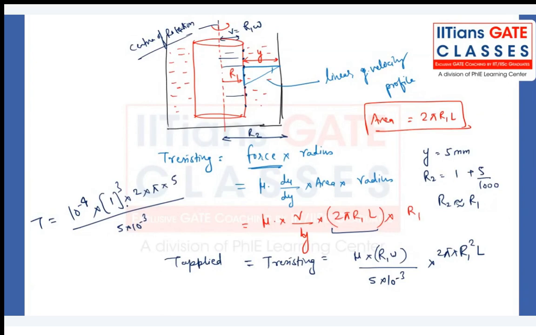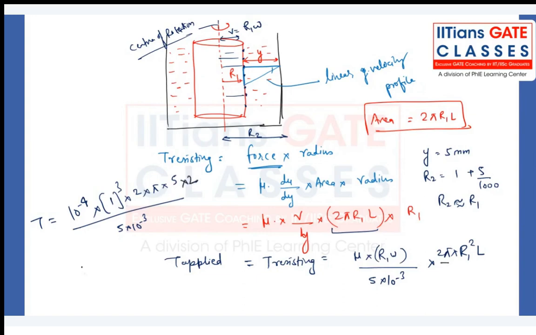All of you are getting the same equations? Is anything we are missing over here? See, there is a 2 pi into 2 that will also be there, right?